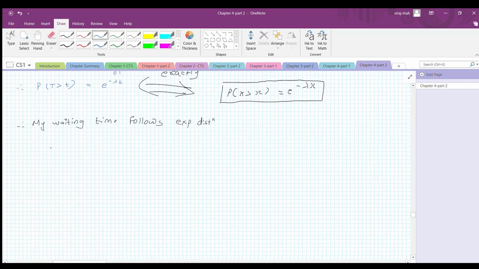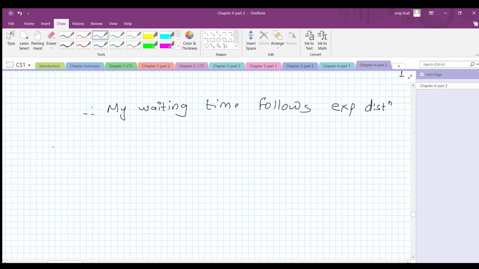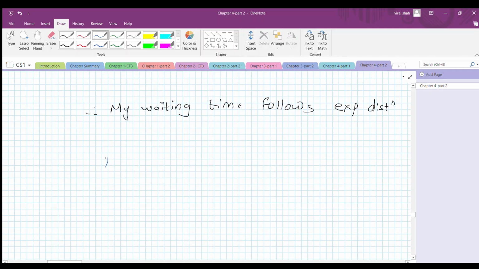So if a question comes regarding finding the probability that my waiting time, that is nothing but t, is at least 5 hours, I can use the formula of t exponential, which is nothing but 1 minus e raised to minus lambda x, where x would be nothing but 5.